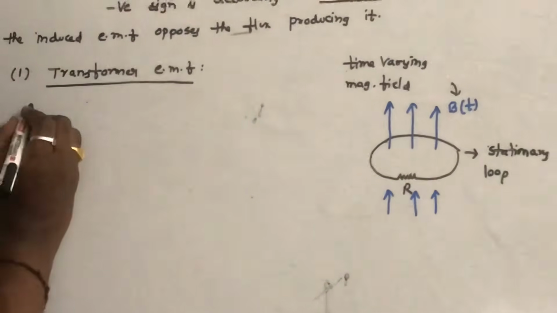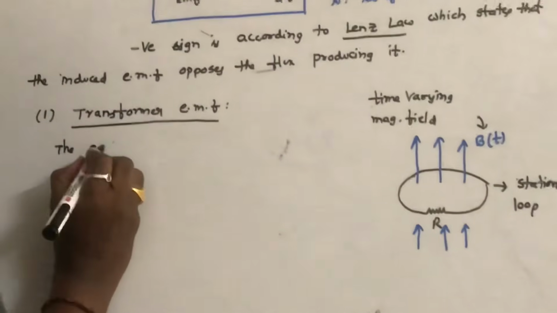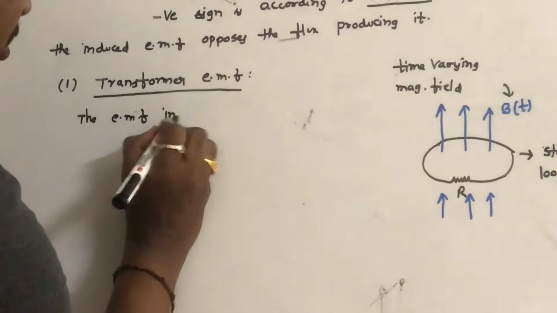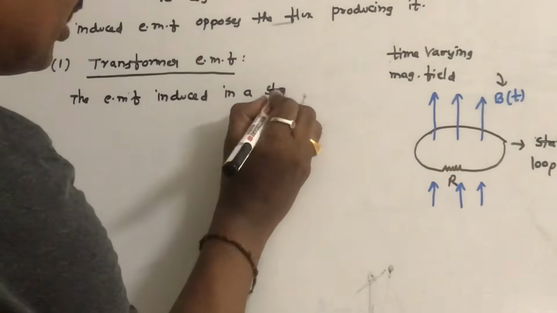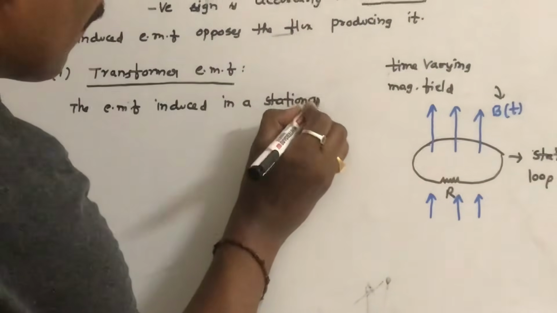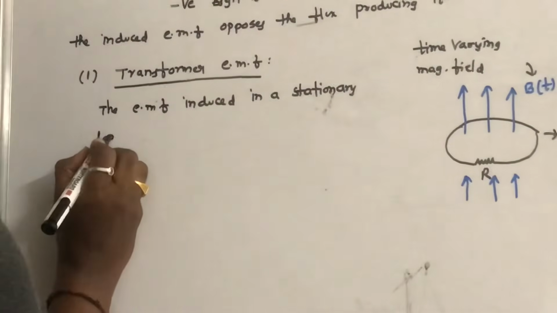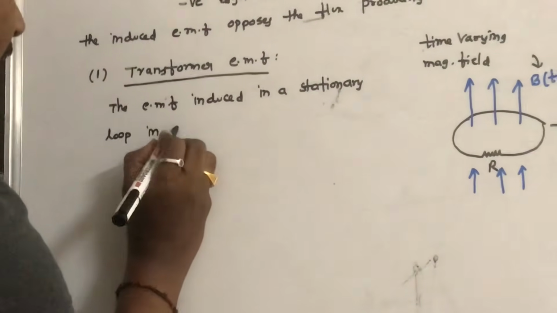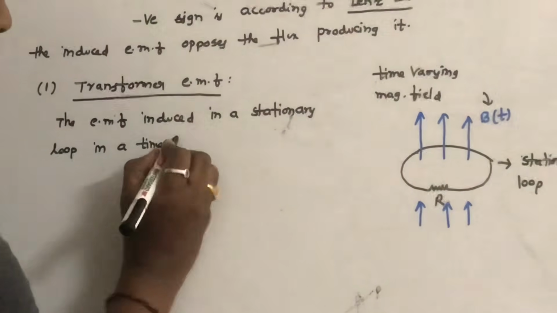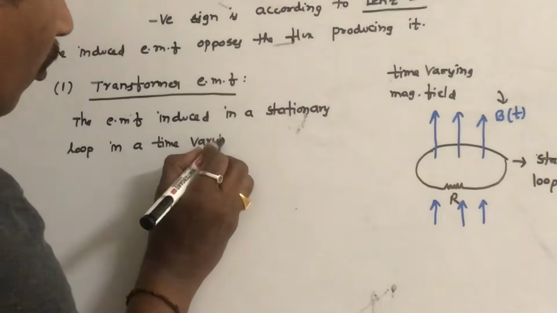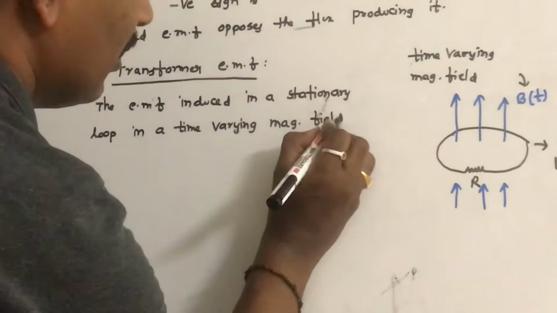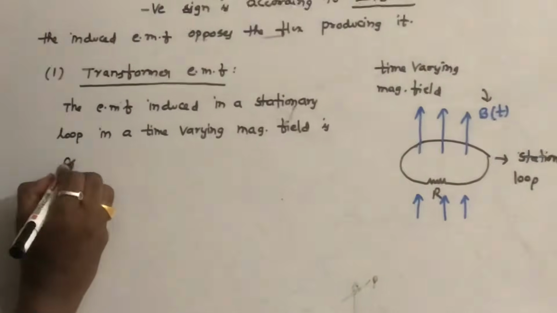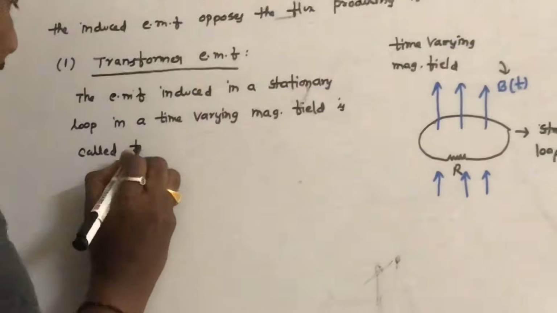So what is the definition? The EMF, the electromotive force, induced in a stationary loop in a time varying magnetic field is called transformer EMF.